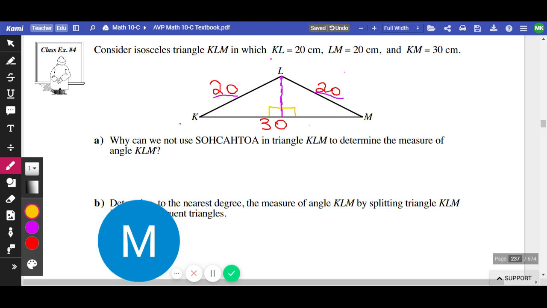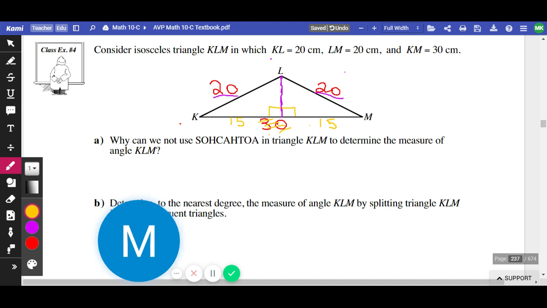I then also created two sides that are 15 long, not 30. And now I have a triangle here I could work with, and I have a triangle here I could work with, and I could solve anything I need to solve. If I need to solve missing angles, I could do that. If I need to find missing side lengths, I could do that.